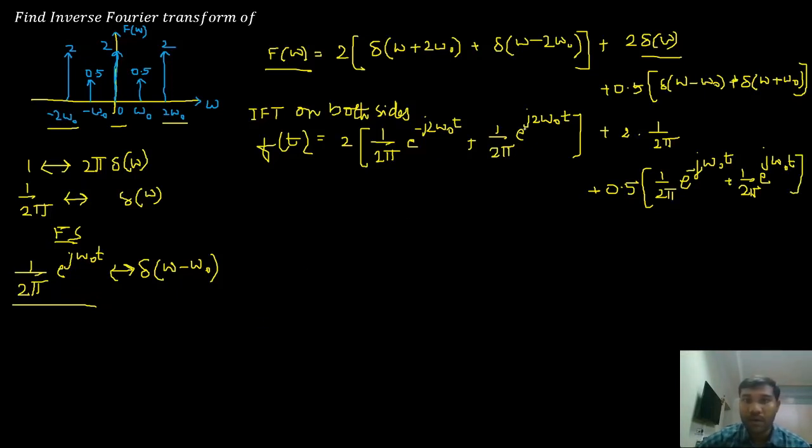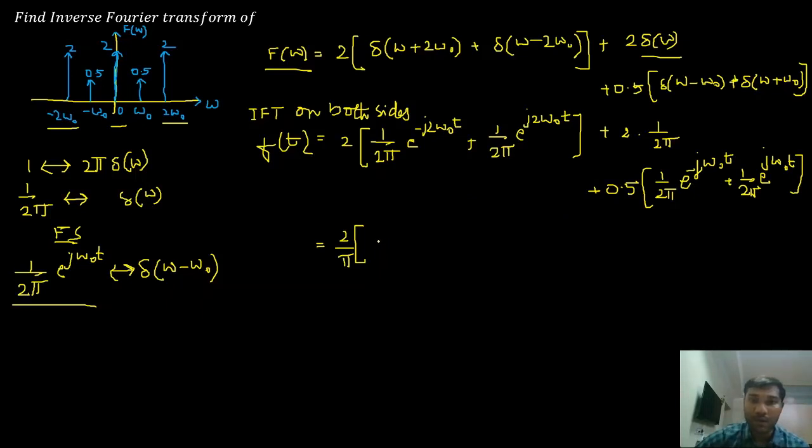Now e power j theta plus e power minus j theta, what is it? It is nothing but 2 cos theta. So what I can write, I'll take the pi common outside, 2 by pi, and what am I left with inside? e power minus j theta plus e power j theta by 2, right?